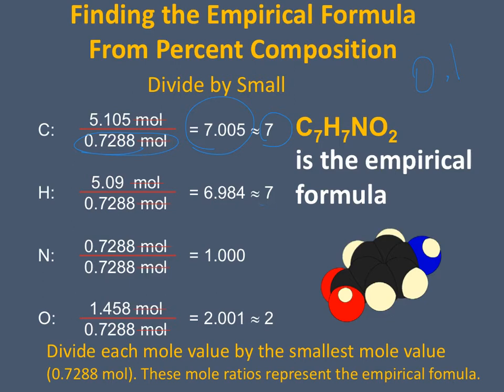So we can round. We have 7 hydrogen. Of course, we're dividing by itself. We have 1 nitrogen and 2 oxygen. So you take all of these mole values, they become the subscripts in the chemical formula, C7H7NO2. That's it. That is the empirical formula. Okay, we don't know the molecular formula yet.